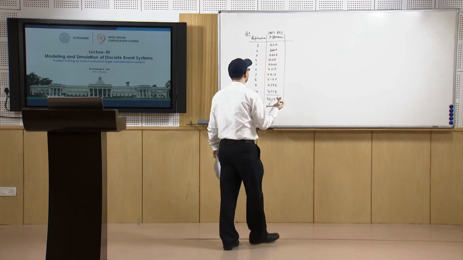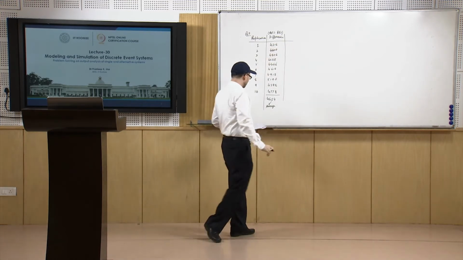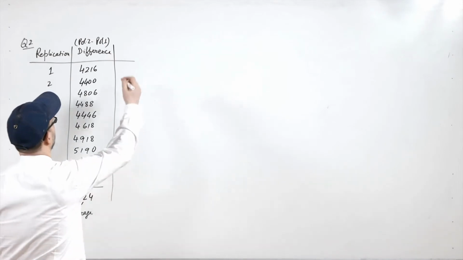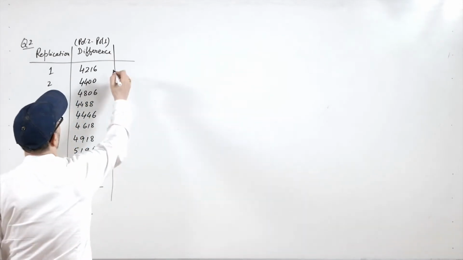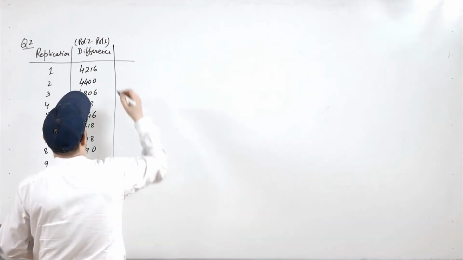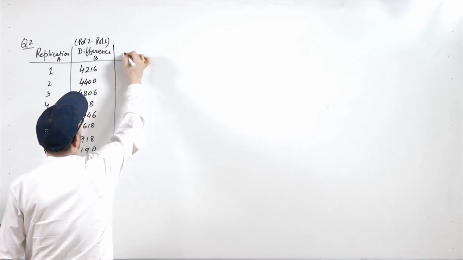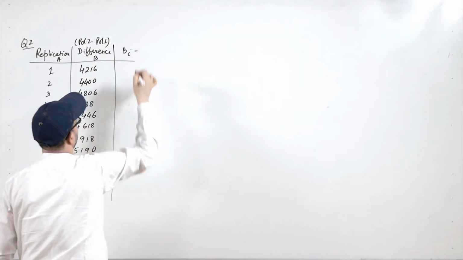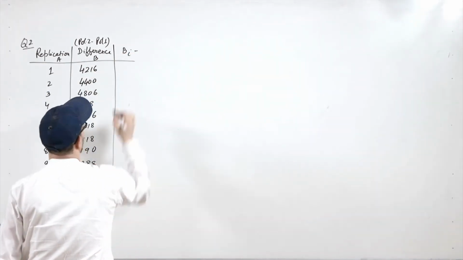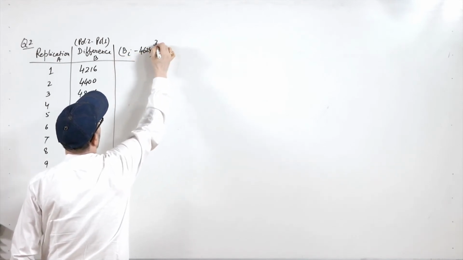For the half length, again we have to find the square values. Suppose this is A and this is B, so it will be Bi minus 4624, and then squared.